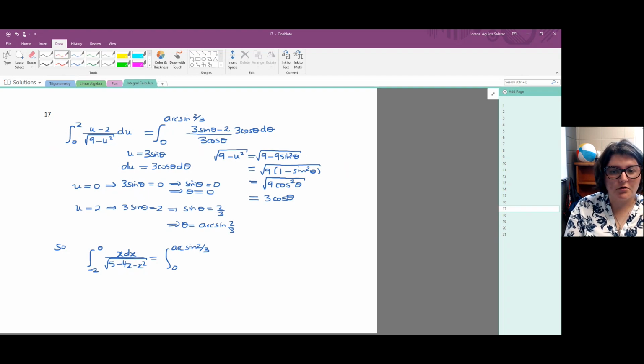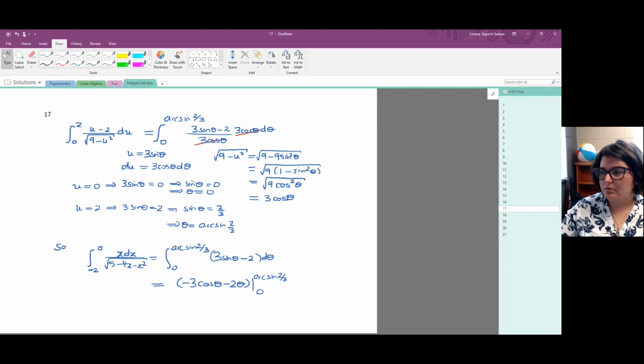Then 3 cosine of theta divided by 3 cosine of theta gives us 1. We have 3 times sine of theta minus 2, and then d theta. And we can use the fundamental theorem of calculus to say that this integral we just got is minus 3 times the cosine of theta minus 2 times theta, evaluated at arc sine of 2/3 and at 0.